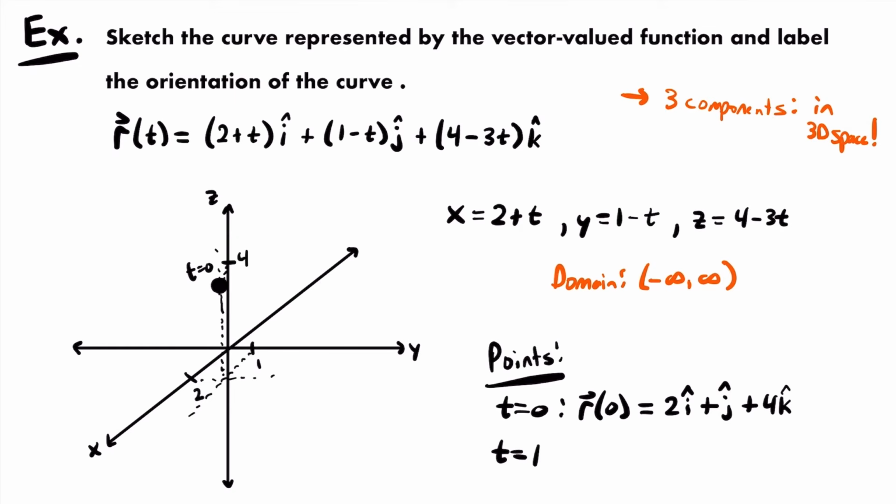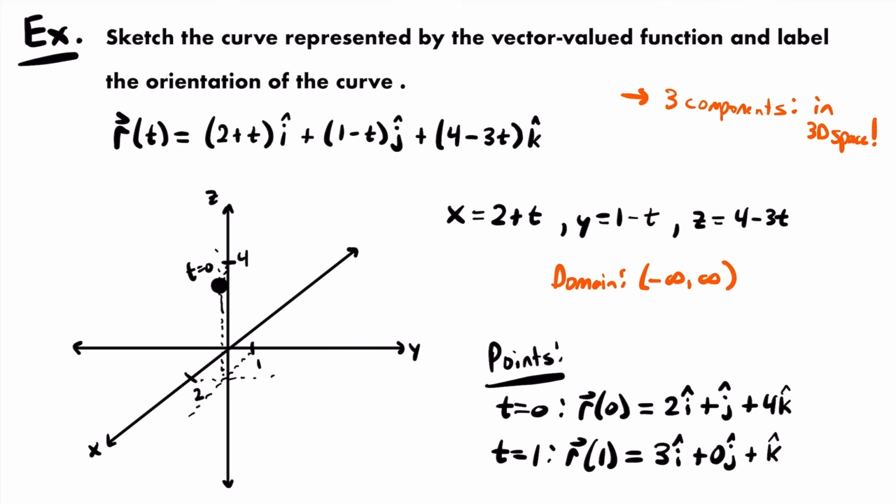If we look at t equals 1, our vector function evaluated at 1 will be equal to 3i plus 0j plus k, right? 2 plus 1 is 3, 1 minus 1 is 0, and 4 minus 3 times 1 is 4 minus 3, which is 1, so we just have k. All right, so this vector has a terminal point of 3, 0, 1, which we can plot in our 3D coordinate system.